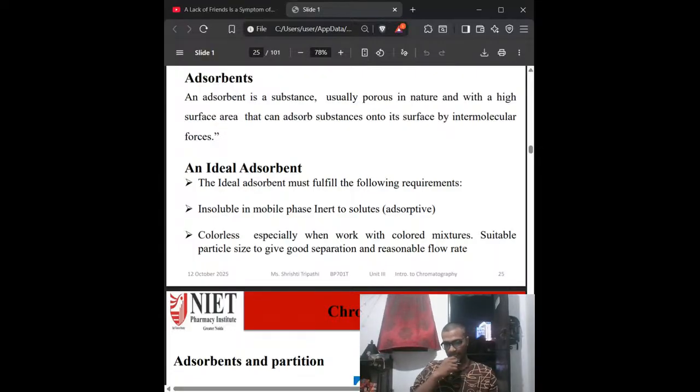It is colorless, so it can separate a colored mixture.